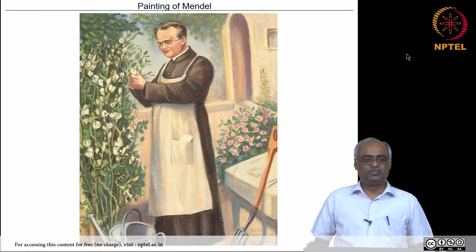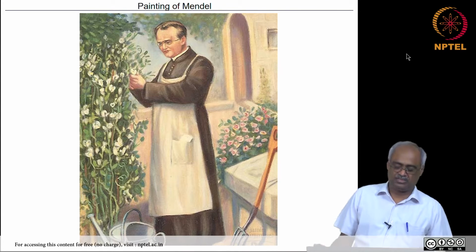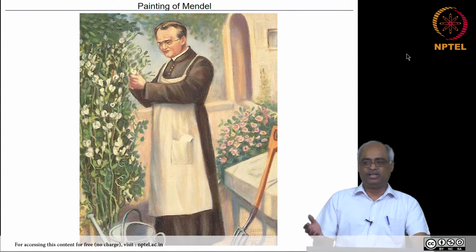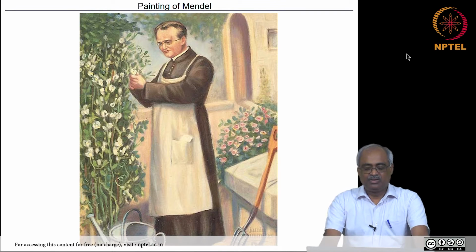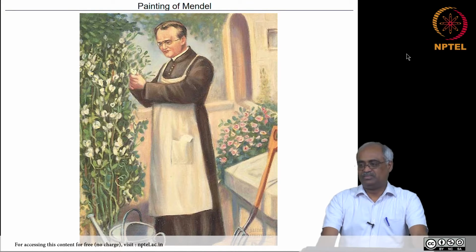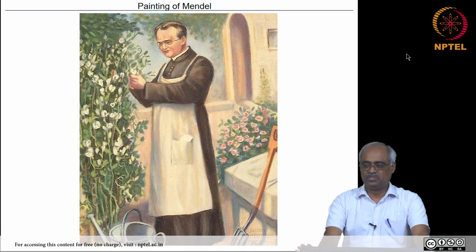So the branch of science that tries to focus on how this information is transmitted and what this information is, and whether there are general rules that govern this transmission process, that is genetics. Okay. So people knew this, transmission happens, information must exist, but people did not know how it happens.